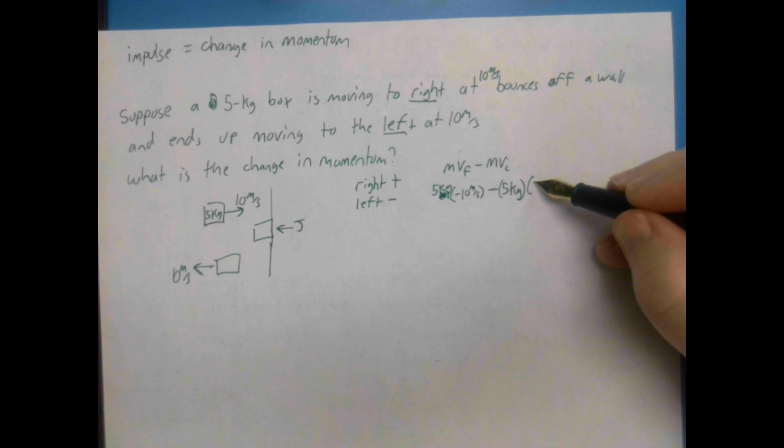So our final answer is thus the change in momentum, delta P, is equal to 100 kilogram meters per second to the left.